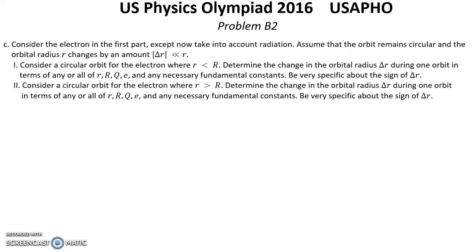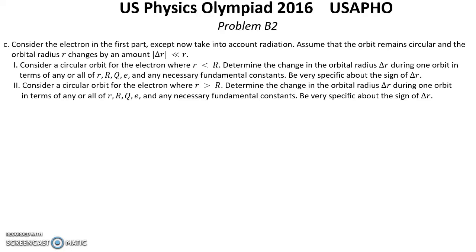Consider a circular orbit for the electron where r is less than big R. Determine the change in the orbital radius delta r during one orbit in terms of any or all of r, big R, q, e, and any necessary fundamental constants. Be very specific about the sign of delta r.